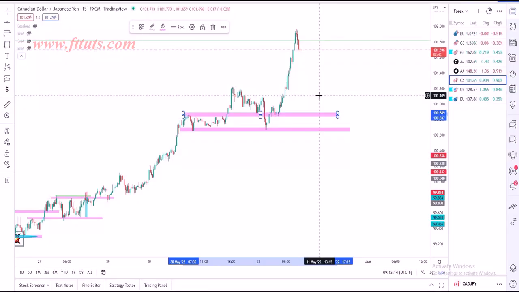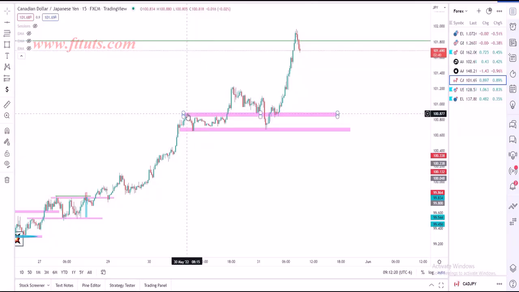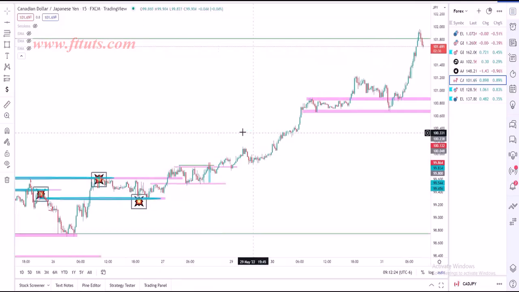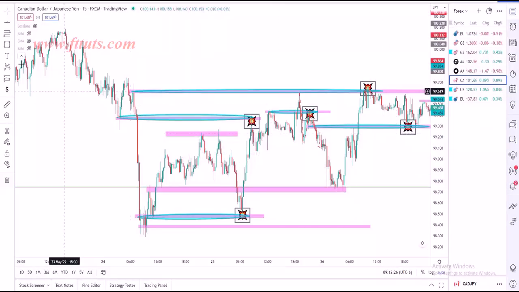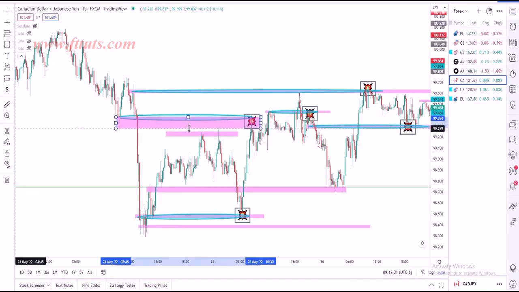You don't want to make your areas too thin, because then what can happen is, price will come down and maybe you won't be taking into consideration a little bit of wick and things like that, and you won't have the opportunity to get in a trade. Now, you don't have to take the whole wick into consideration like that, because that's a pretty big key area, and you want to define your key areas.